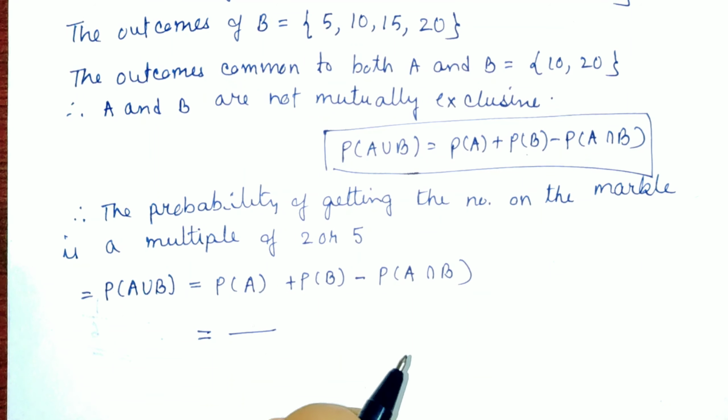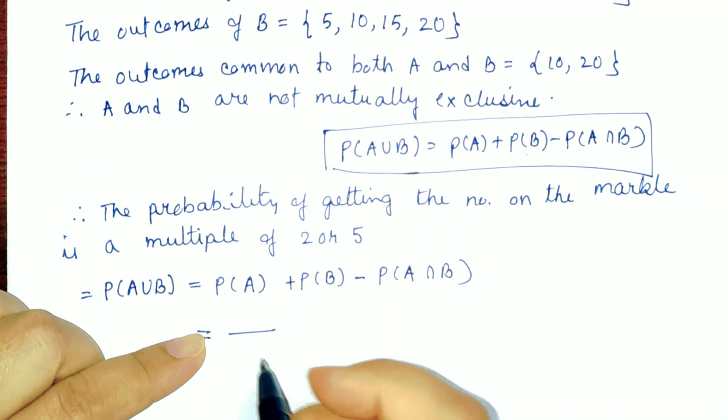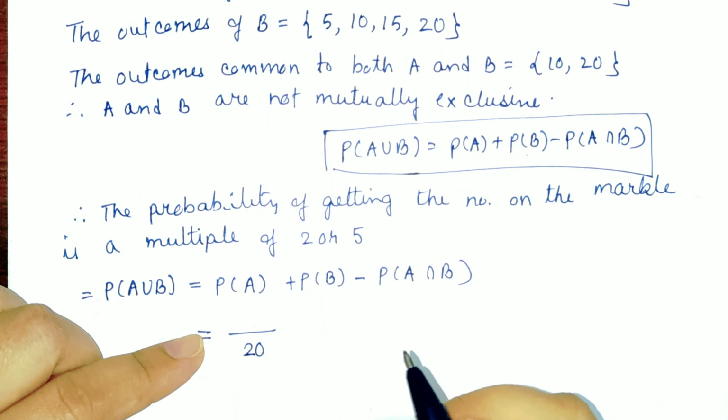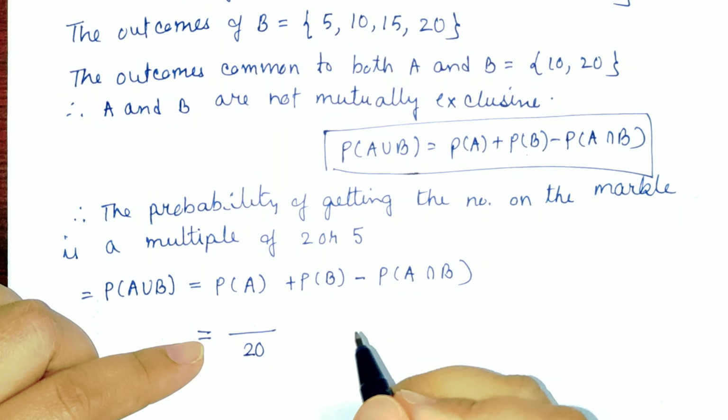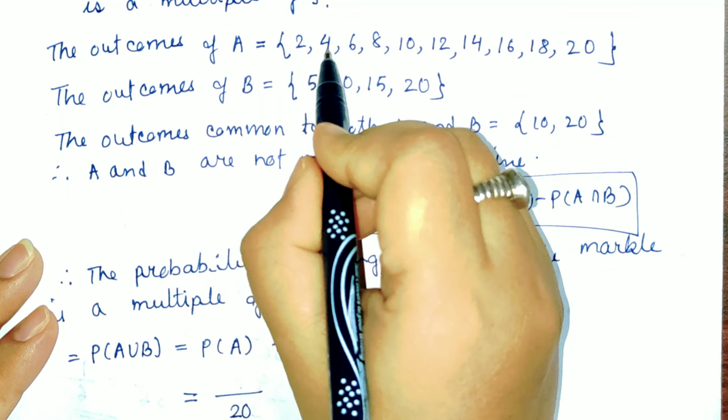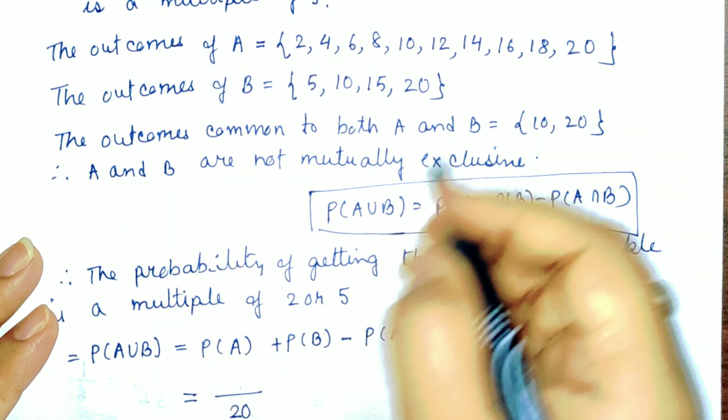Now P(A) will be the probability of A. For event A, total number of possible outcomes equal to 20 and the number of cases favorable to A equal to 10.